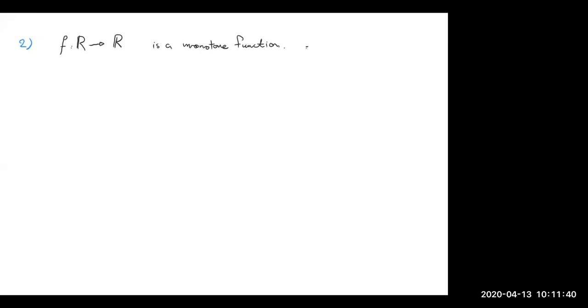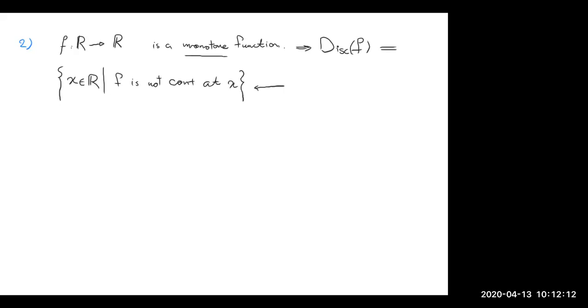A very interesting property is about the points at which f is not continuous. Let this be the set: the set of points x in R where f is not continuous at x. If the function f is monotone, we want to prove this set is countable.